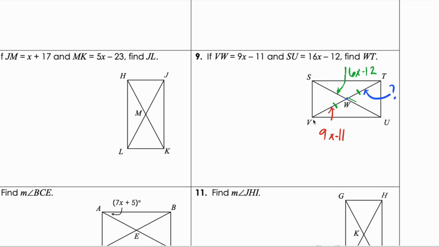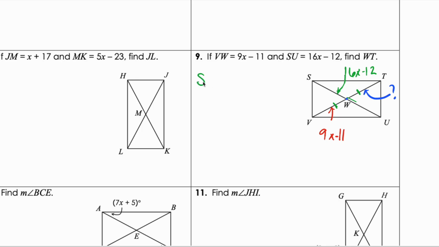So if I can find this length, VW, then I already know what WT is going to be because they're congruent. Well, let's think about how we are going to find the length of VW. According to our properties of rectangles, these diagonals are congruent, right?